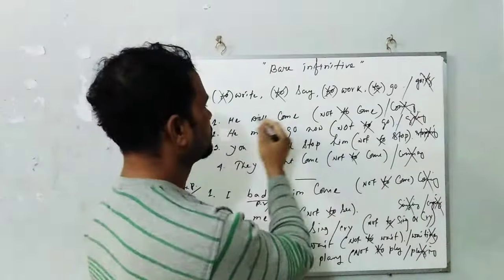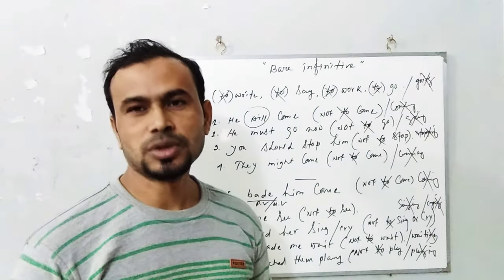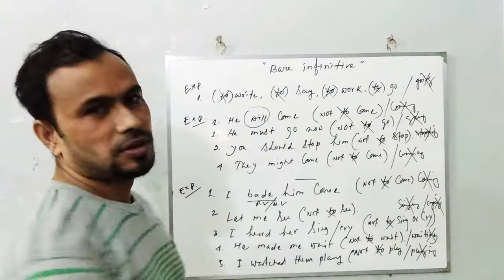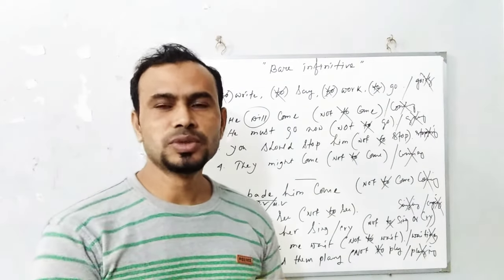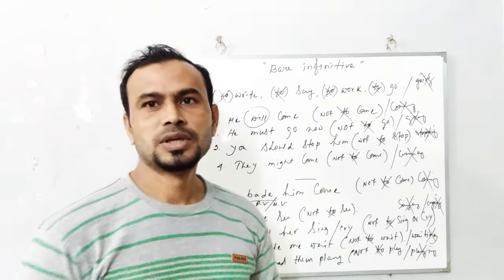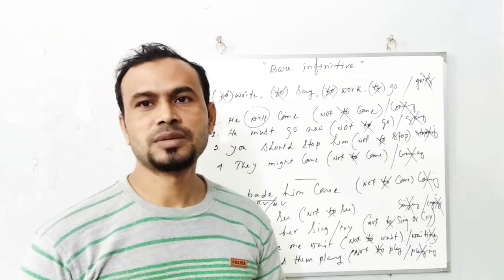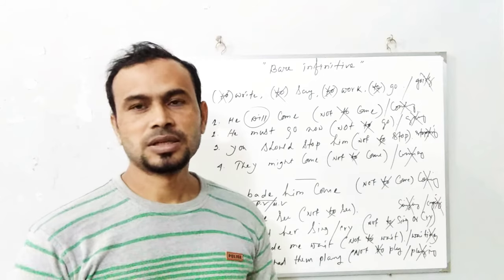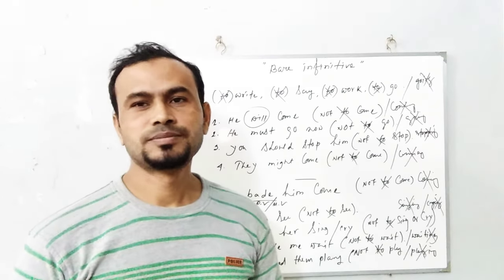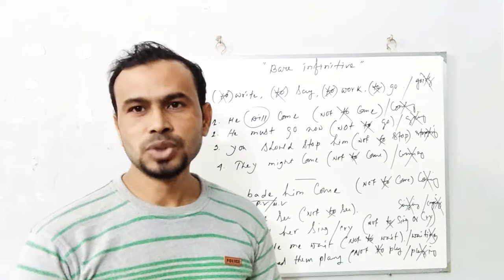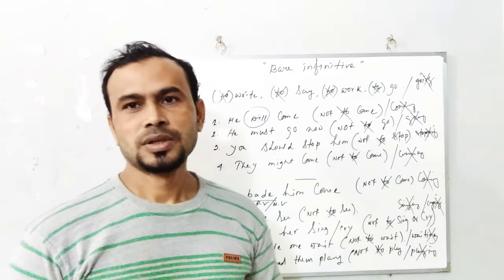Will is a modal auxiliary, and with every modal auxiliary, when you use it before a verb, the verb should be in base form, or we can say present form. After modal verbs, the infinitive "to" is not used.